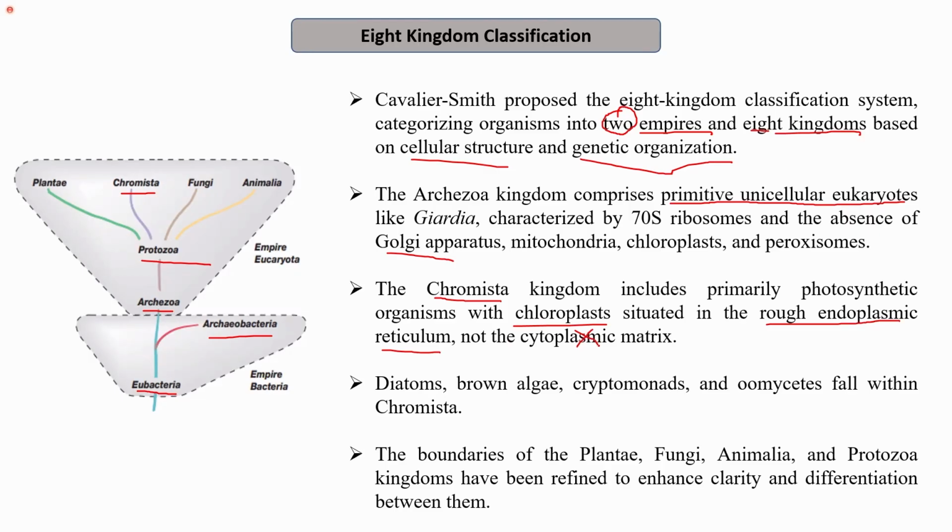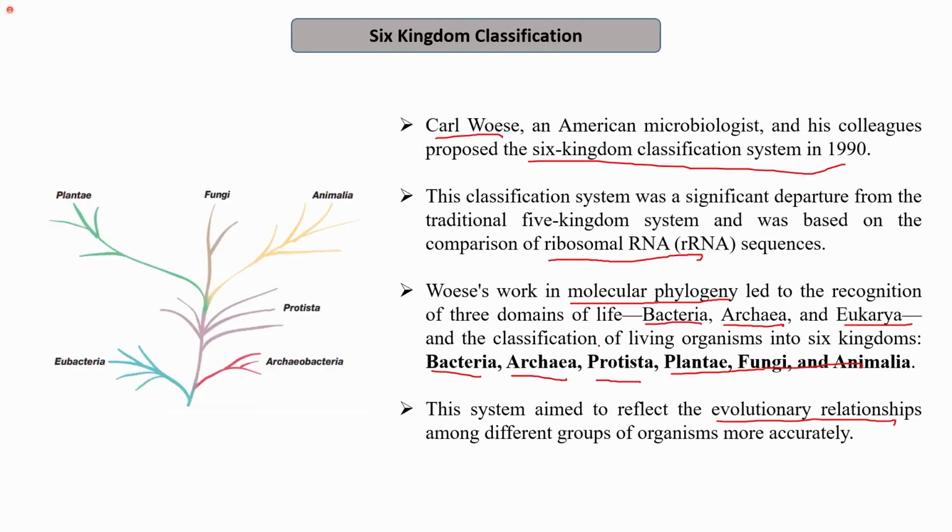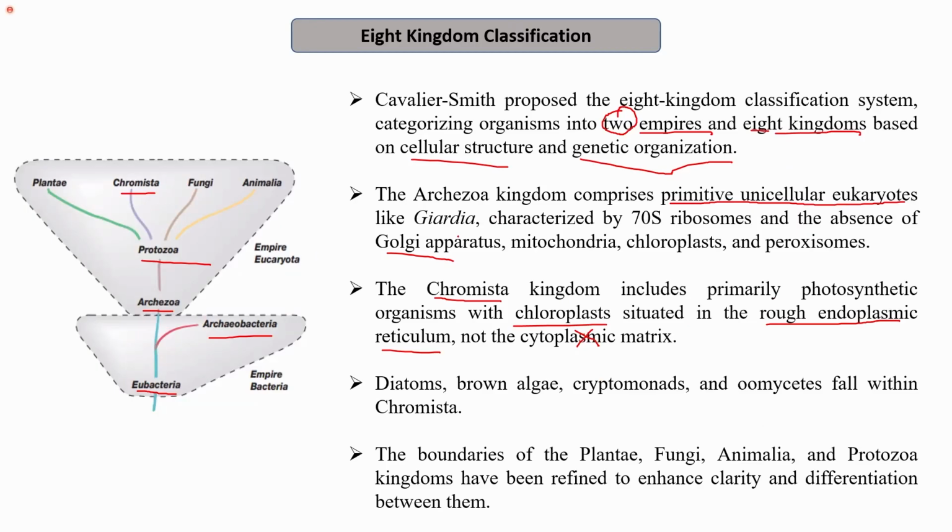So this was the difference, and all the photosynthetic eukaryotes were placed into the kingdom Chromista. All the photosynthetic protista that were earlier grouped together with the non-photosynthetic organisms in the kingdom Protista were now put into a different kingdom, the kingdom Chromista.